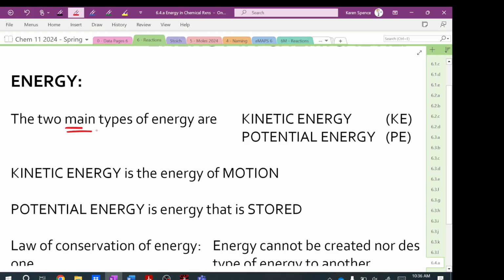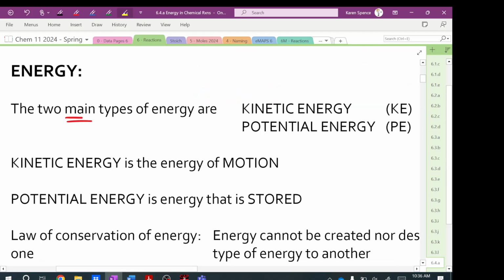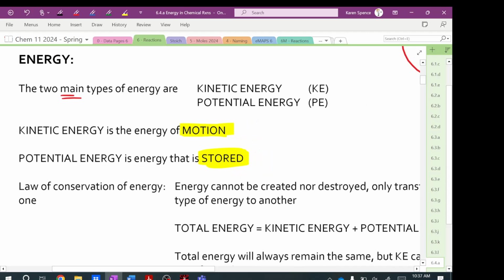Tell your partner what kinetic energy and potential energy refer to. Kinetic energy is the energy of motion, and potential energy is energy that is stored.